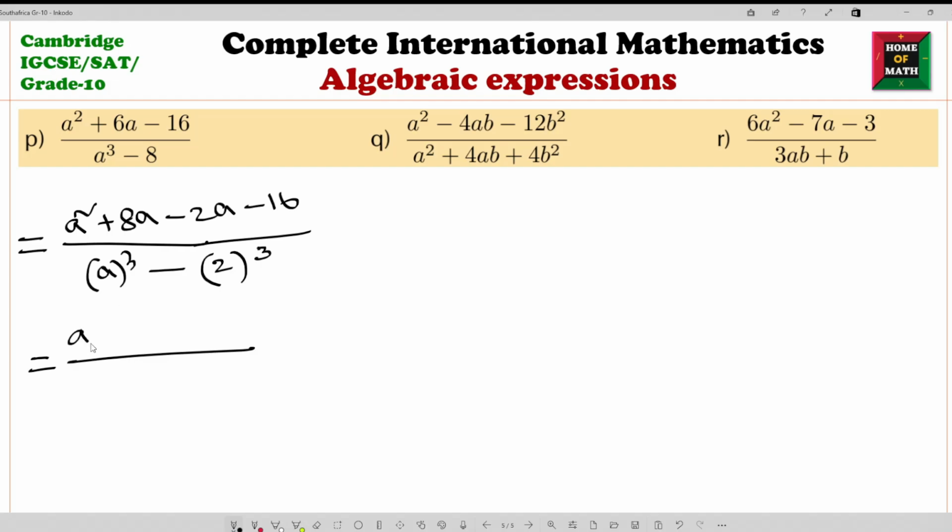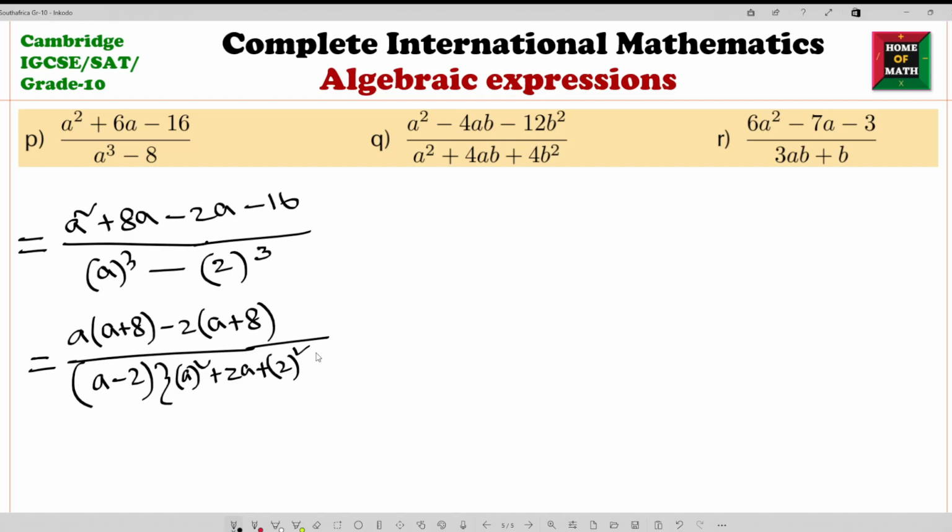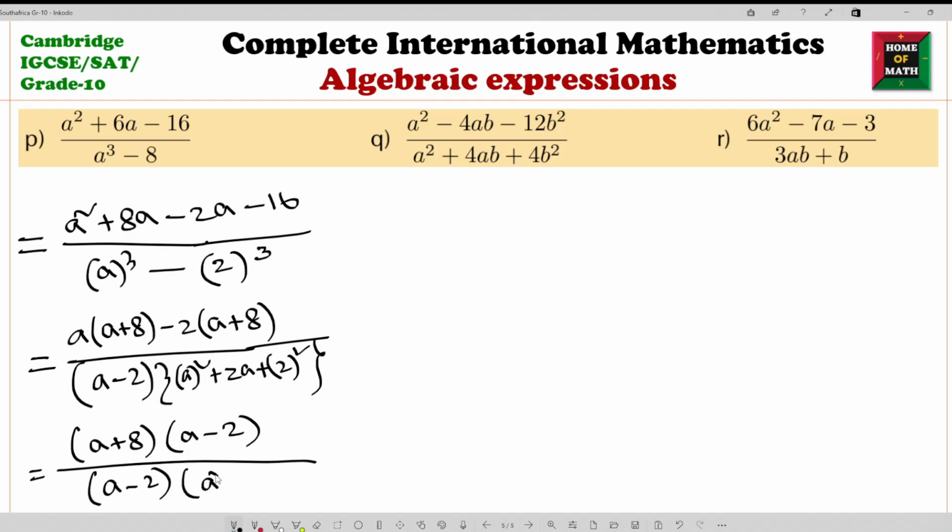Then we can take common a, then a plus 8 minus 2 common, a plus 8, and this one is a minus 2 times a square plus 2a plus 2 square. And here is a plus 8, then a minus 2, and here is a minus 2 times a square plus 2a plus 4, right?